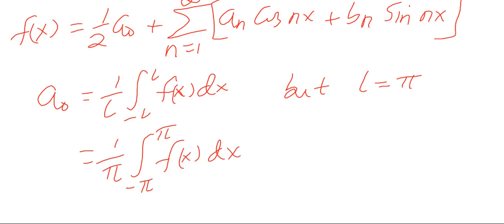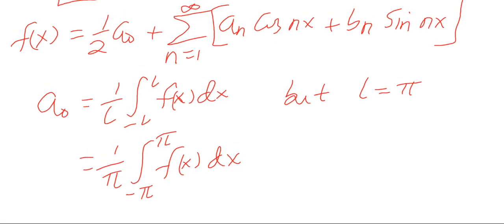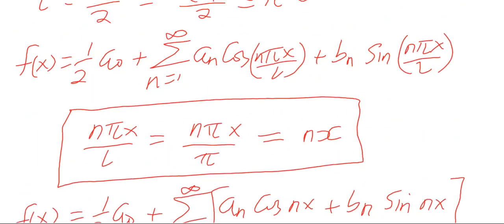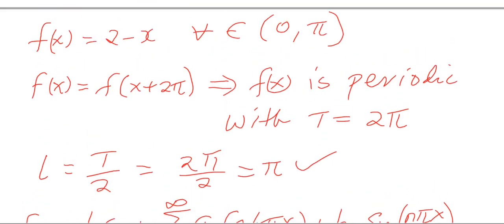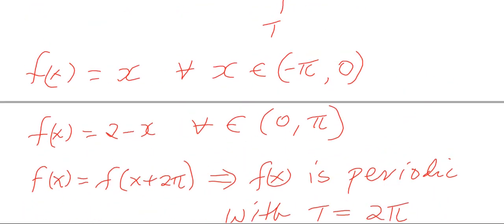And when evaluating this integral, we will now go back to our function and check that in the interval between minus pi and 0, the function is equal to x. So we shall be integrating x from minus pi to 0.